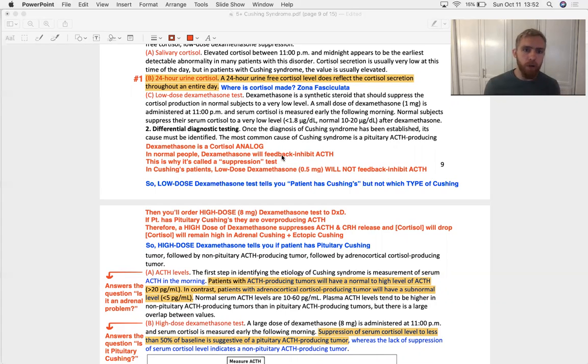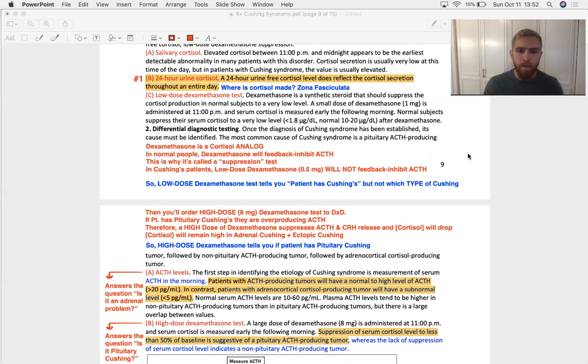So you've got a low dose and a high dose dexamethasone suppression test. The low dose test is going to tell you whether or not the patient has Cushing's. And the high dose test is going to further narrow down what type of Cushing that patient has. So let's talk about the low dose dexamethasone suppression test.